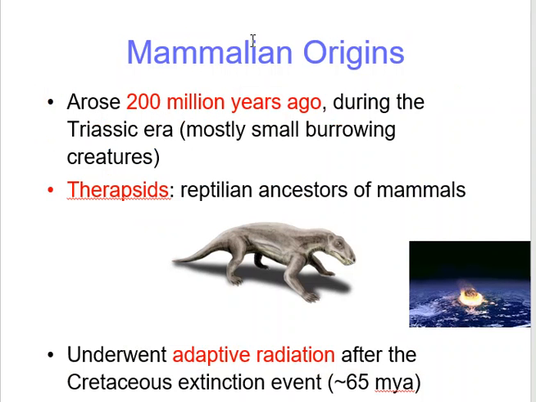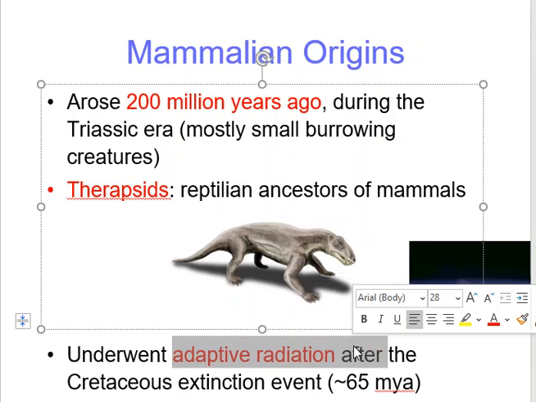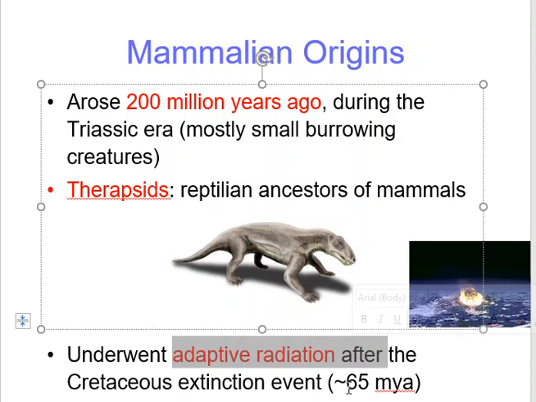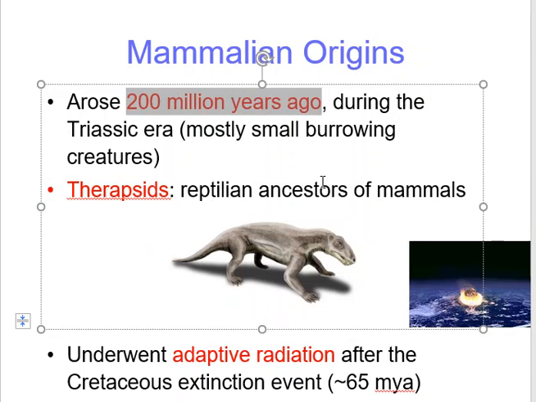All right, so what are mammalian origins? Mammals arose about 200 million years ago, and they arose from a reptile-like ancestor. Mammals underwent adaptive radiation, not right away. They arose about 200 million years ago, but it took millions of years to undergo adaptive radiation.